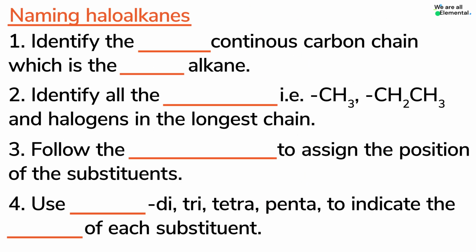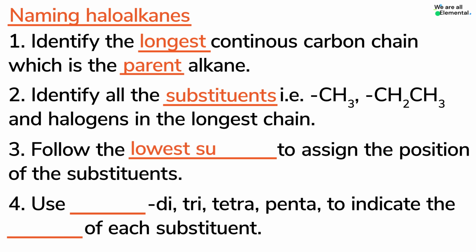To name haloalkanes, we follow a similar set of rules as for naming alkanes. That is, identify the longest continuous carbon chain, which is the parent alkane. Then identify all the substituents, that is, methyl, ethyl, and halogens in the longest chain. The halogens are named as fluoro, chloro, bromo, and iodo.